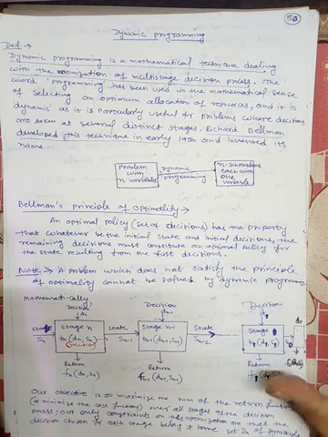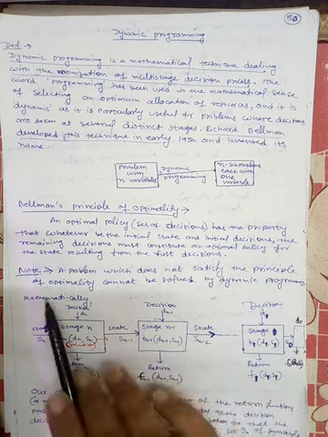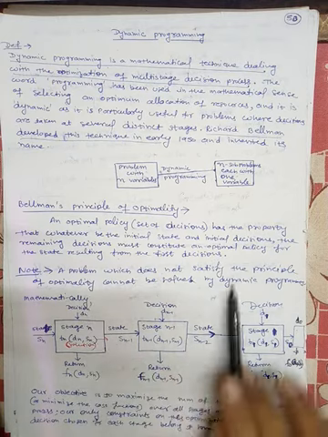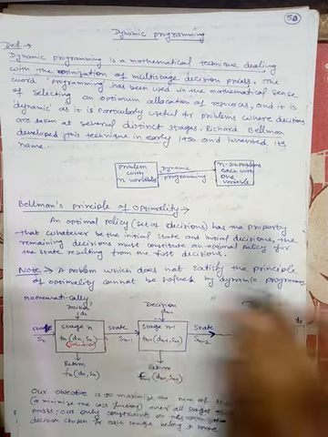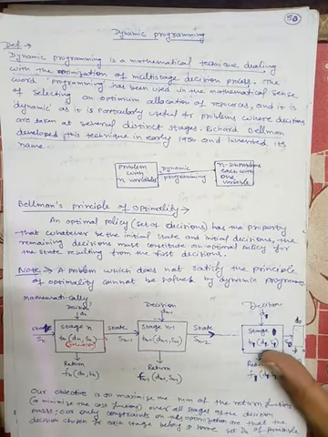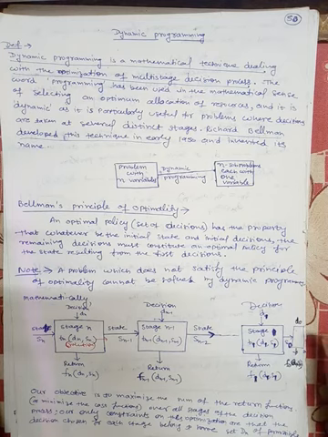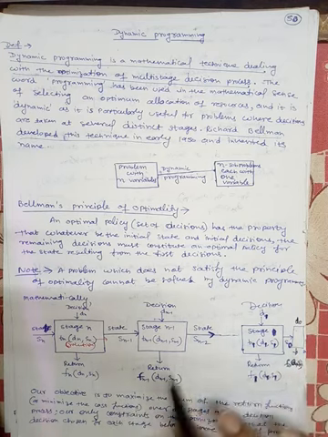So this is the procedure. So note, a problem which does not satisfy the principle of optimality cannot be solved by dynamic programming. तो जो भी प्रोग्रामिंग प्रॉब्लम इस प्रिंसिपल को होल्ड नहीं करती, उसको हम इससे सॉल्व नहीं कर सकते डायनेमिक प्रोग्रामिंग से.